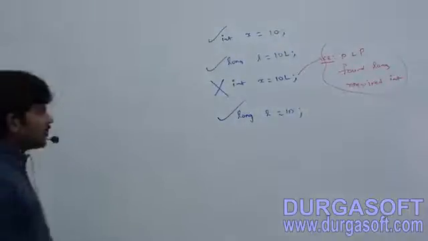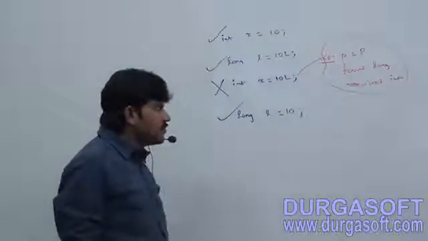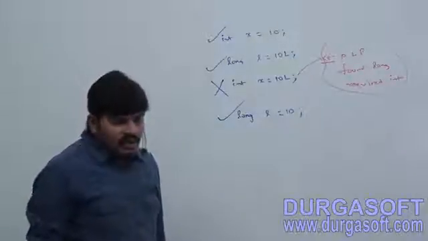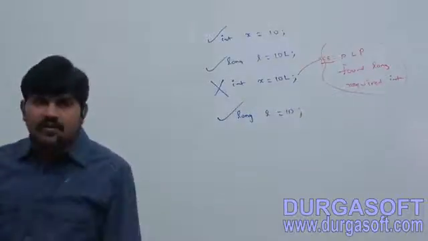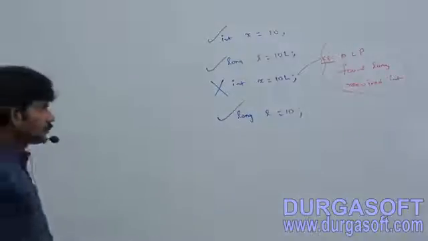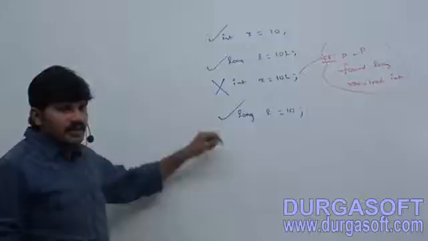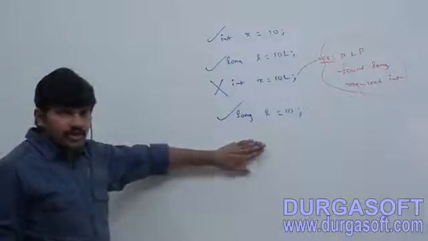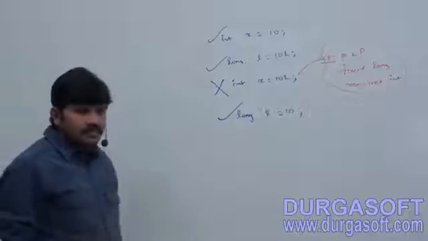So we will get a compile time error saying possible loss of precision, found long, required int. Like this, we are going to get a compile time error. Are you able to understand, right? Okay, this is long l is equal to 10.